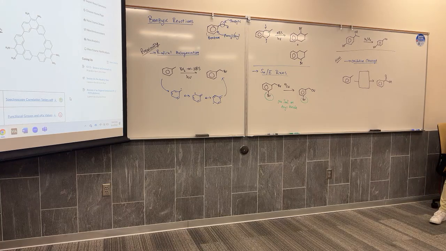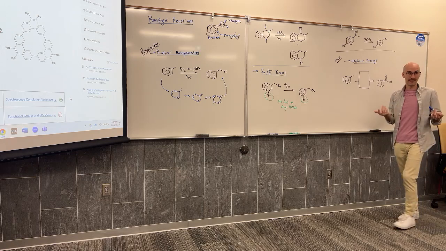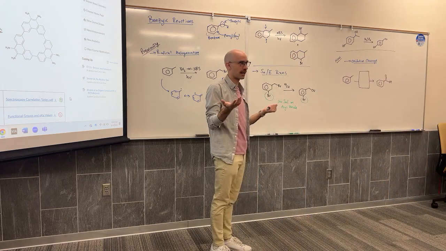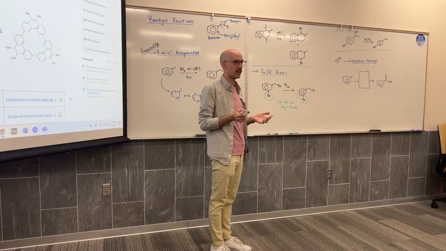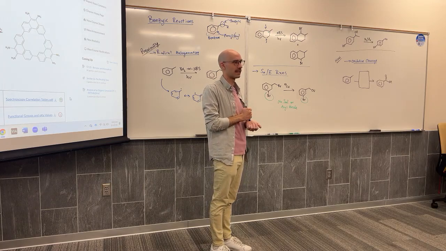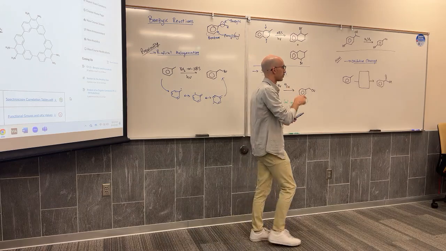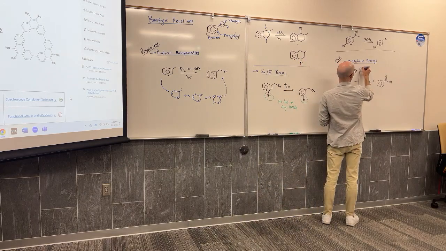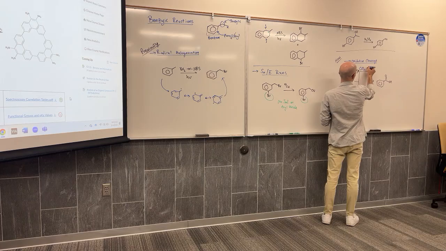Some of you may be familiar with Jones reagent. Anybody heard that term before? Okay, a couple of us, mainly the people from other institutions. Jones reagent, named after a guy named Jones. What is it? What does it do? It doesn't imply anything. There are two ways to do this oxidation reaction. One of them uses chromic acid.